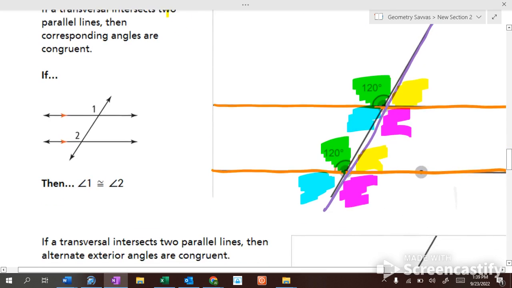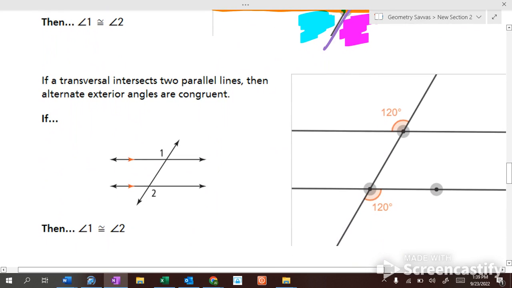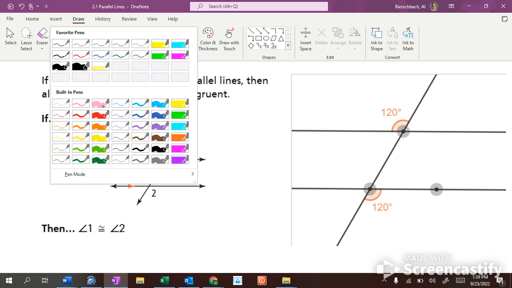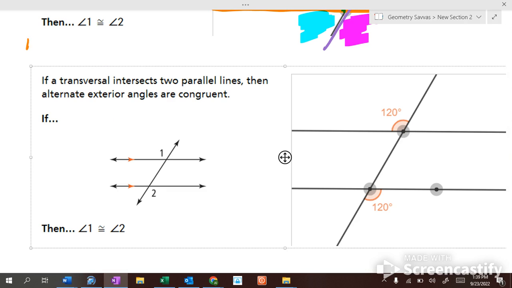Now, if you get those two, then the next one is really easy. We had alternate interior angles. Now we're going to have alternate exterior angles.